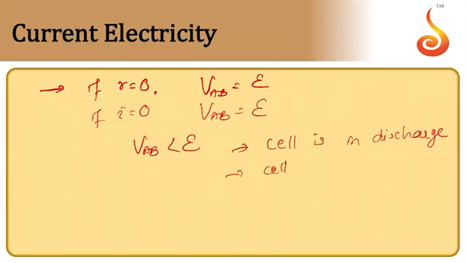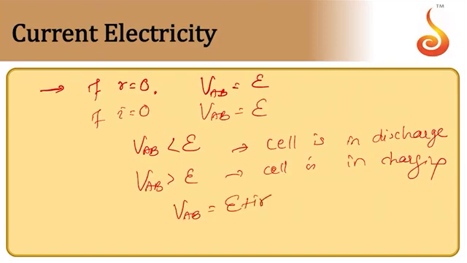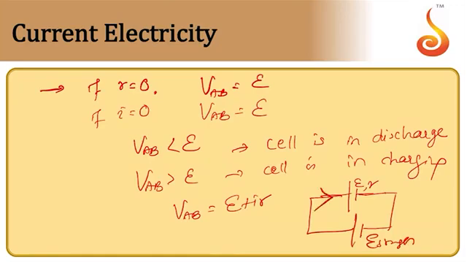However, if the cell is in charging mode, then VAB is greater than E. So in such a case, it is given by E plus IR. For example, look at this cell, which is actually getting charged from another stronger cell. Then this is the direction of the current and the cell is said to be in the charging mode.